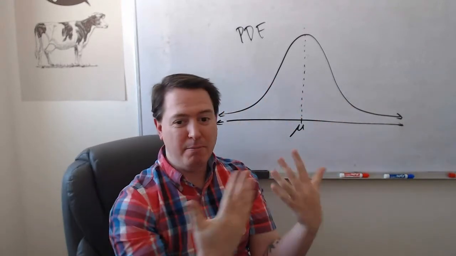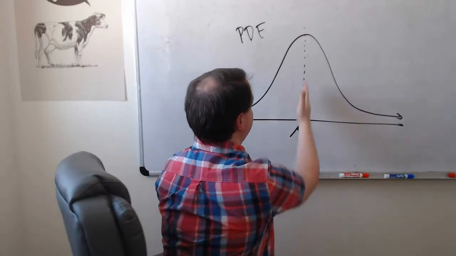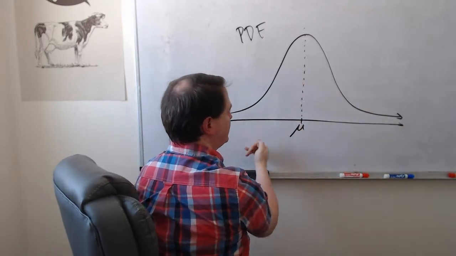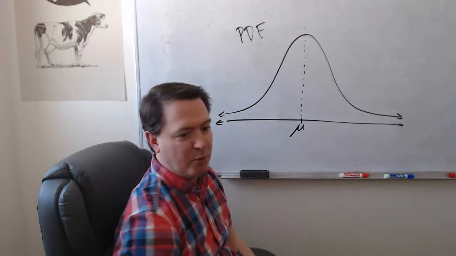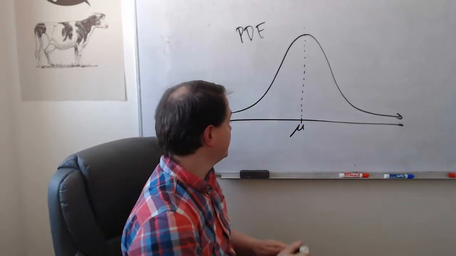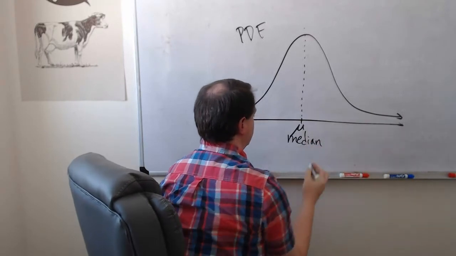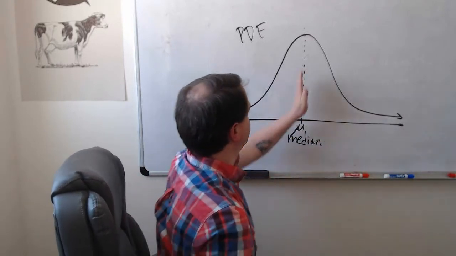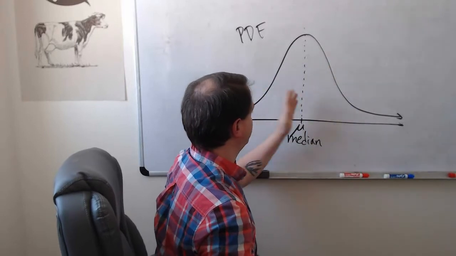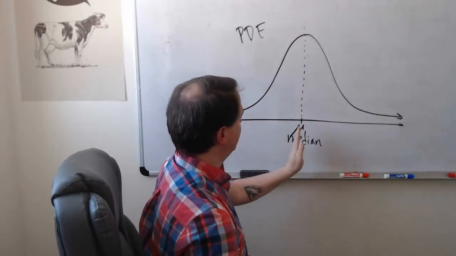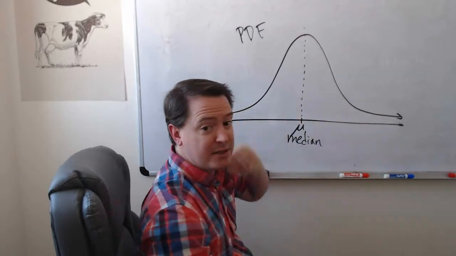So can you guess where the median would be? Where there's a 50% chance of being less than that value and a 50% chance of being more? Well, it's at exactly the same spot. So the median for this distribution, where there's a 50% chance of being less and 50% chance of being more, is exactly right here because it's symmetric.